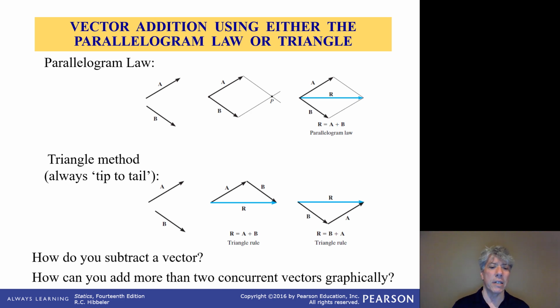How do you subtract a vector? Well, it's pretty simple. If you're taking one vector and subtracting another, all you're really doing is adding the negative of whichever vector has a subtraction sign in front of it. That's all you're really doing, right? Think about, again, walking from one point to another.